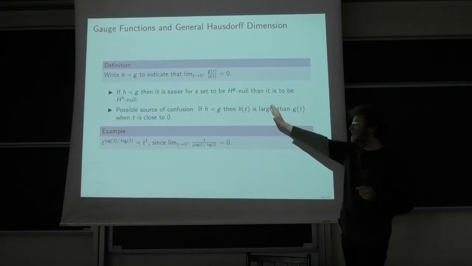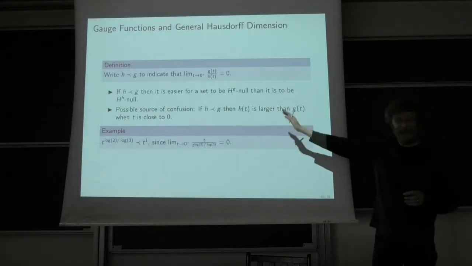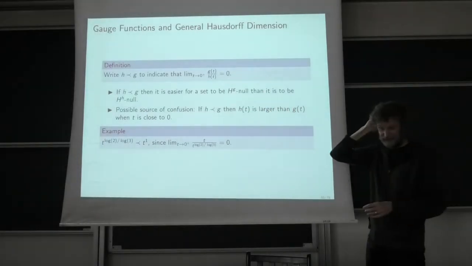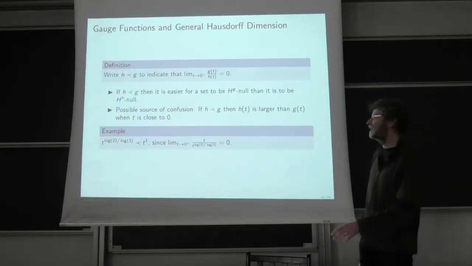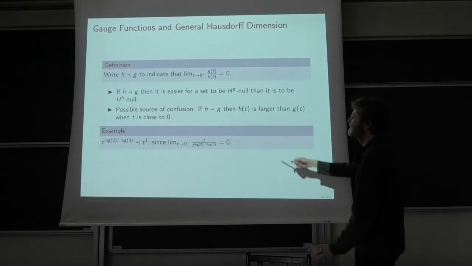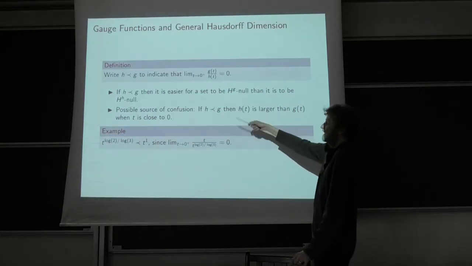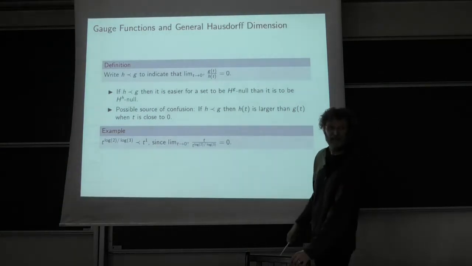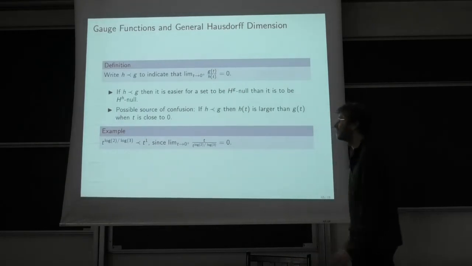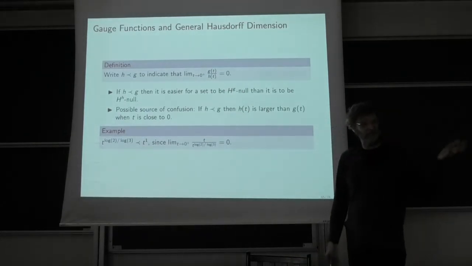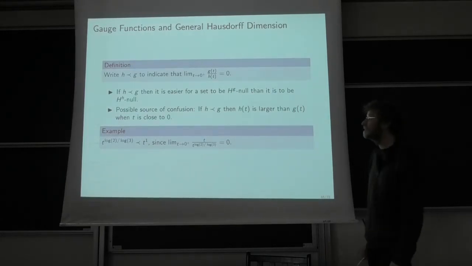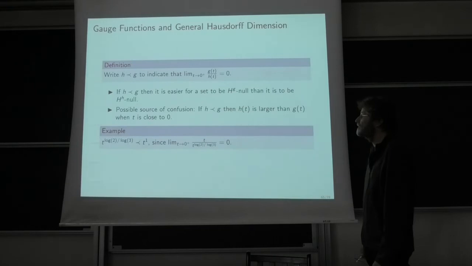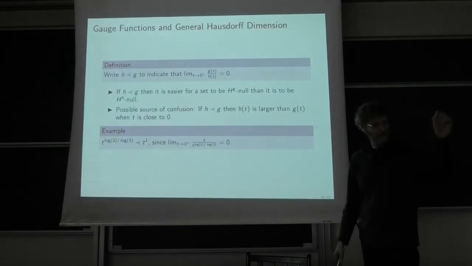But we'll see why the geometric measure theorists use this order shortly. But you could think of it this way: if G is bigger, it's easier to be a null set from the point of view of G. G is putting a smaller mass.